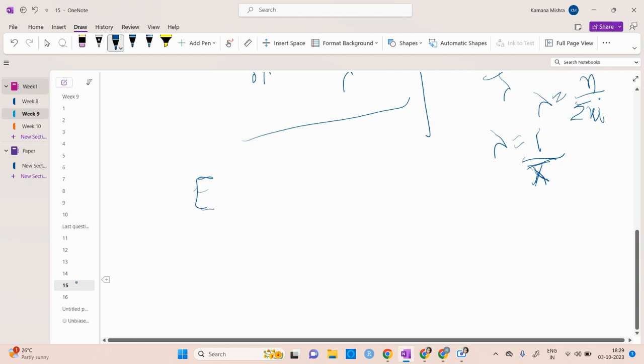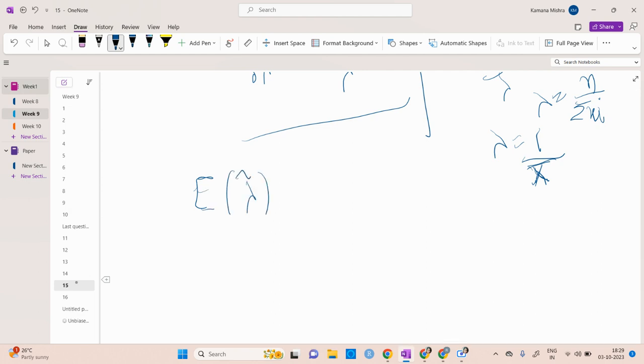Now what we do is that we take it as lambda cap, and then from here we will find an estimator which will be unbiased one. So it is nothing but n upon y, where we are taking y equal to summation xi.